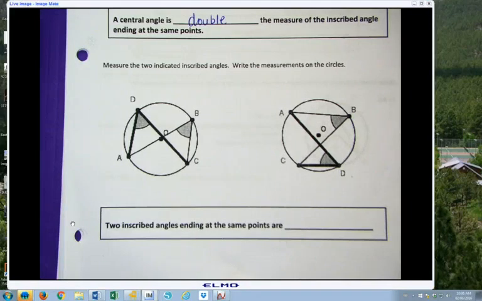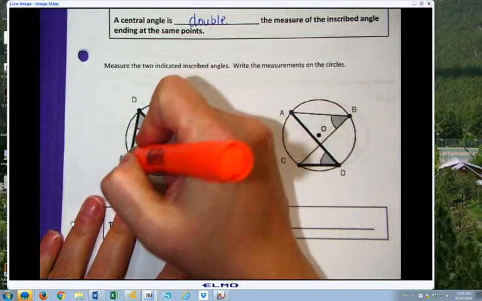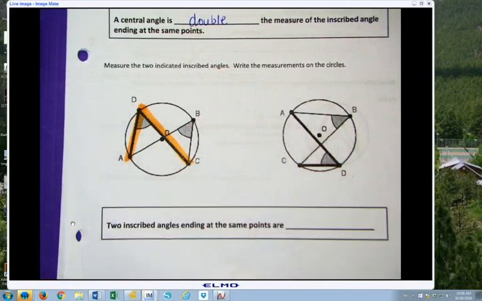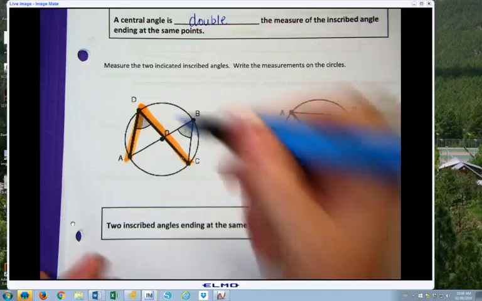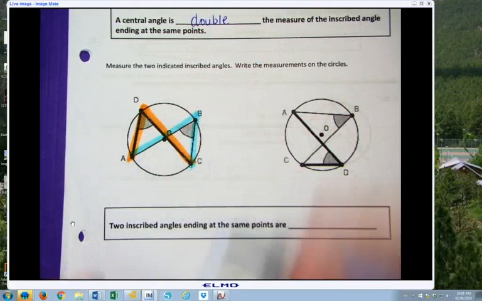Here we're going to measure 2 inscribed angles. The first one's going to be A to D to C. Second one is A to B to C. And you notice both these inscribed angles have the same starting point and the same ending point.